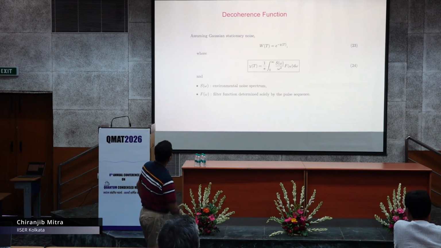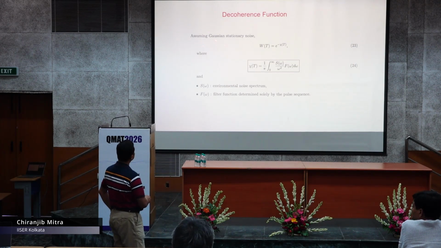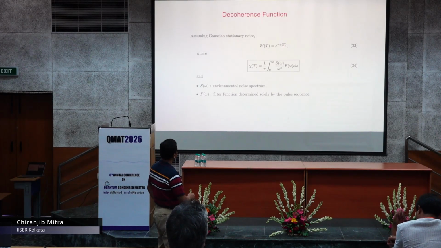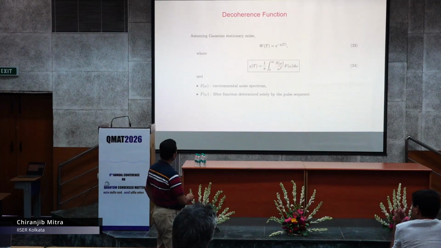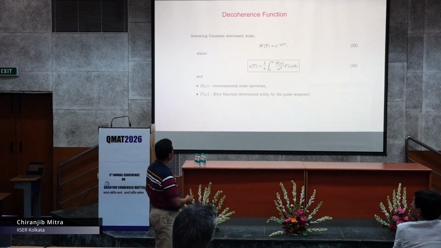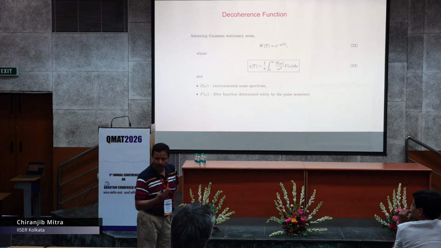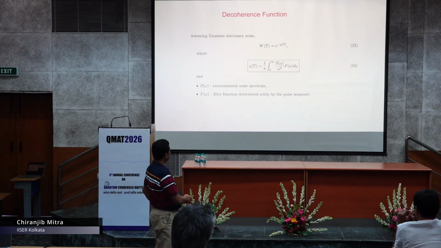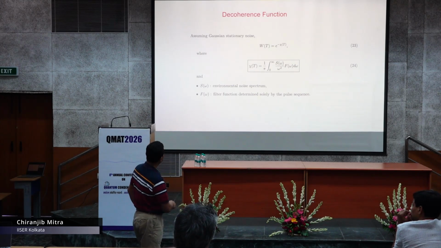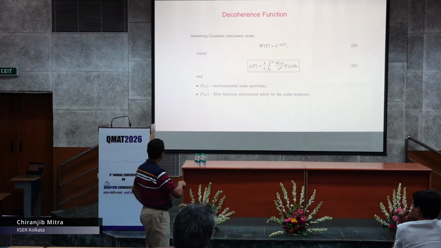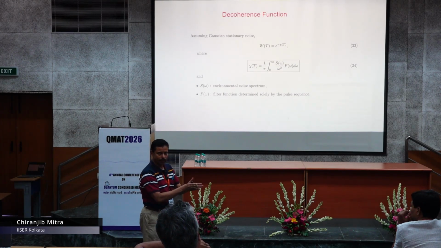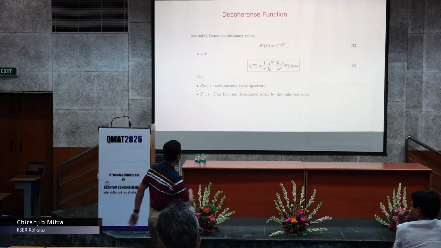For the decoherence function, assuming Gaussian stationary noise, I can write this as e to the power minus chi(t), where chi(t) is 1/pi times the integral of S(omega), the noise power spectral function, times the filter function, d omega over omega squared. If there is a question, I'll answer why this is 1/omega squared. So this is the filter function determined solely by the pulse sequence, the control.